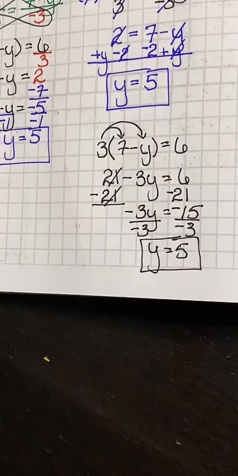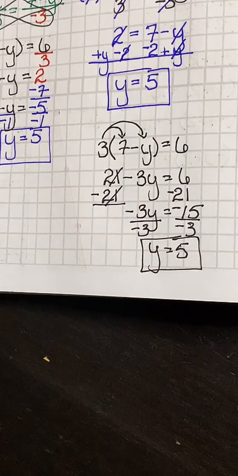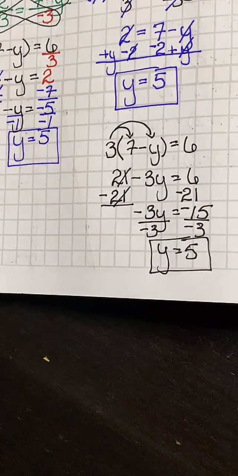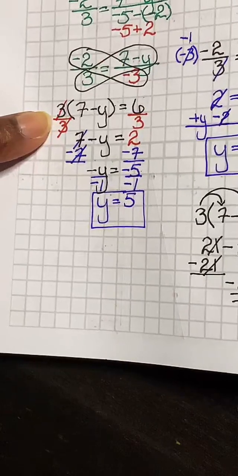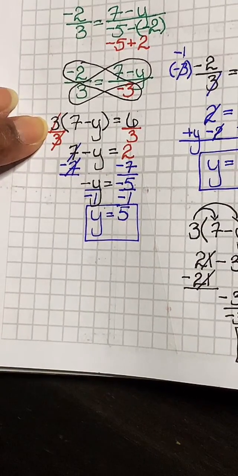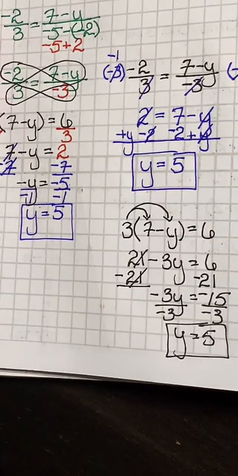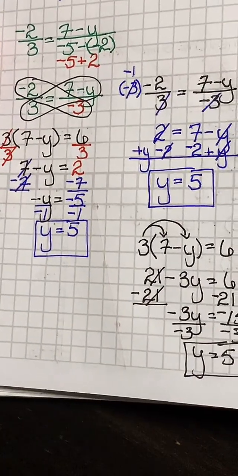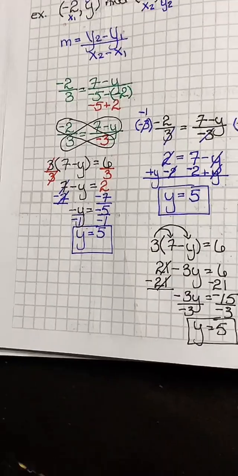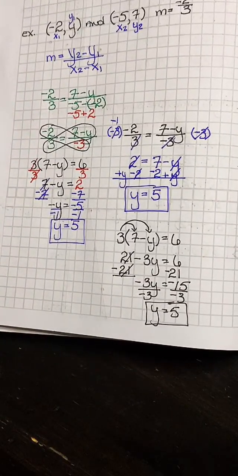There'll be some students that feel really comfortable with fractions and they can do it this way. There are some people that are really good at identifying that, oh, this is multiplication. I can divide both sides for a slightly shorter way. So it's up to you. Let me unzoom a little bit. Okay, so it's going to be up to you.